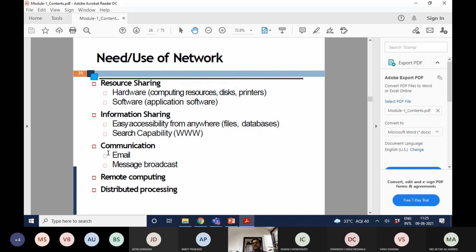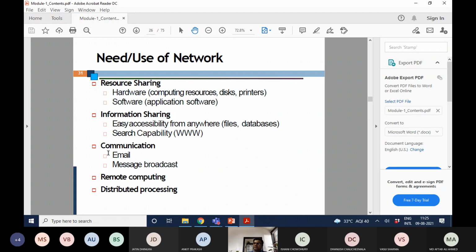If I have a computer, and anybody else wants to use my computing resources, my CPU is very high strength, but I am not utilizing it to the maximum, then another person who needs maximum utilization can also share my CPU.